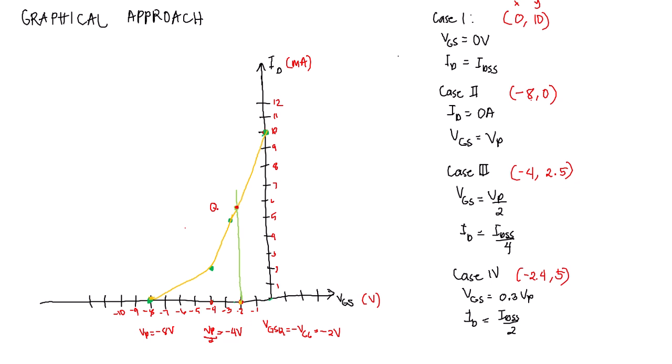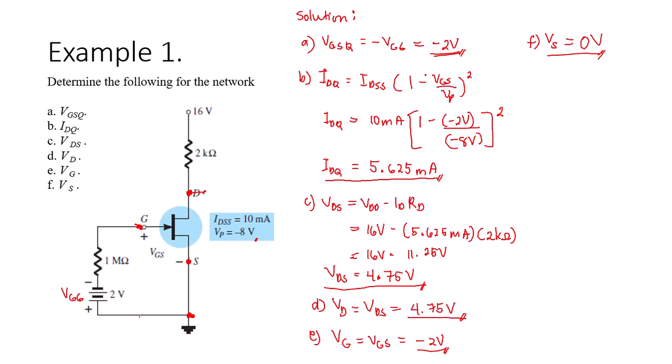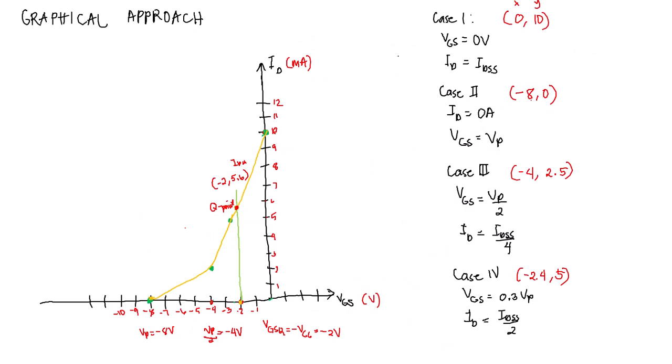So this is our Q point here. It has a VGS value of negative 2, and the ID is in between 5 and 6. Maybe that is 5.6, and this will be equal to our IDQ also. Our computed value for the IDQ is 5.625.